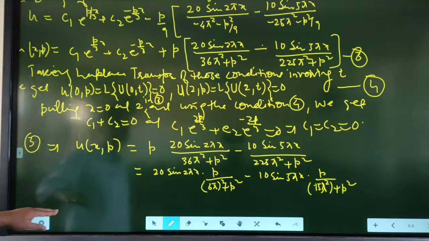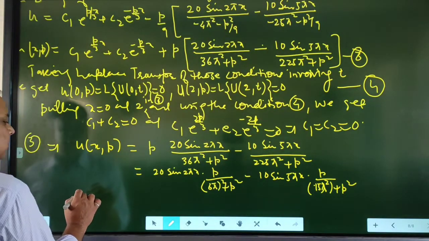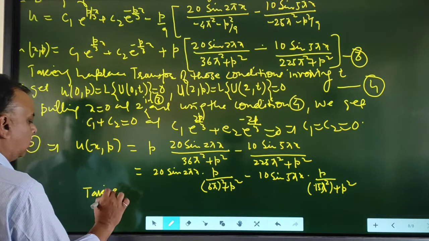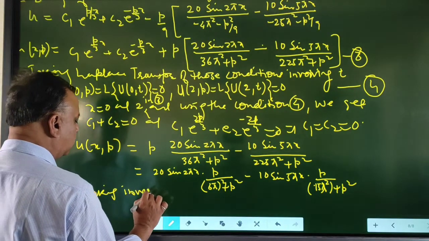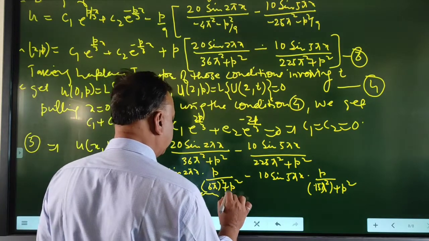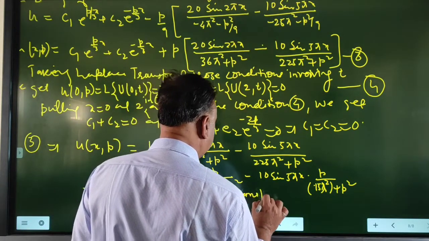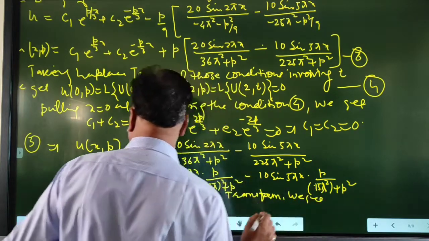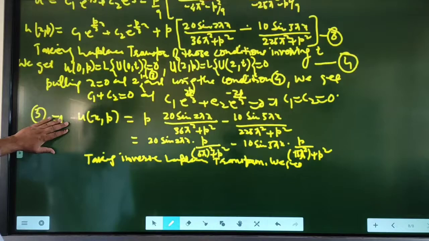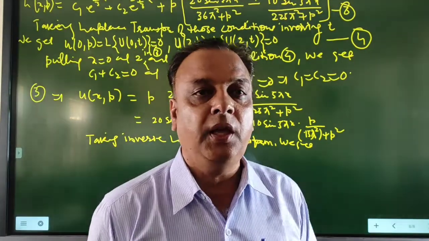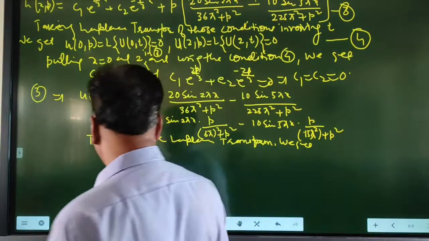Now the solution of this problem is found by taking the inverse Laplace transformation of this. As we know, the inverse Laplace transformation of u(x,p) is u(x,t), which is the required solution.